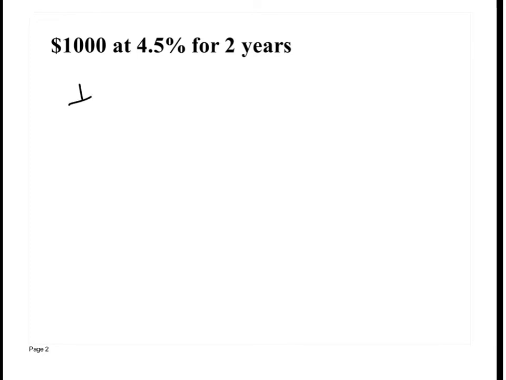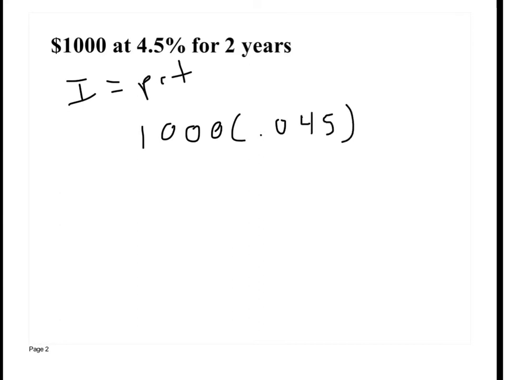So I use I equals PRT, my formula. My principal is $1,000. My rate is my interest rate, which I have to change to a decimal. So I divide by 100. So 4.5% interest rate is 0.045. And I times by my time, which is in years. This is 2 years. So I take 1,000 times 0.045 times 2.